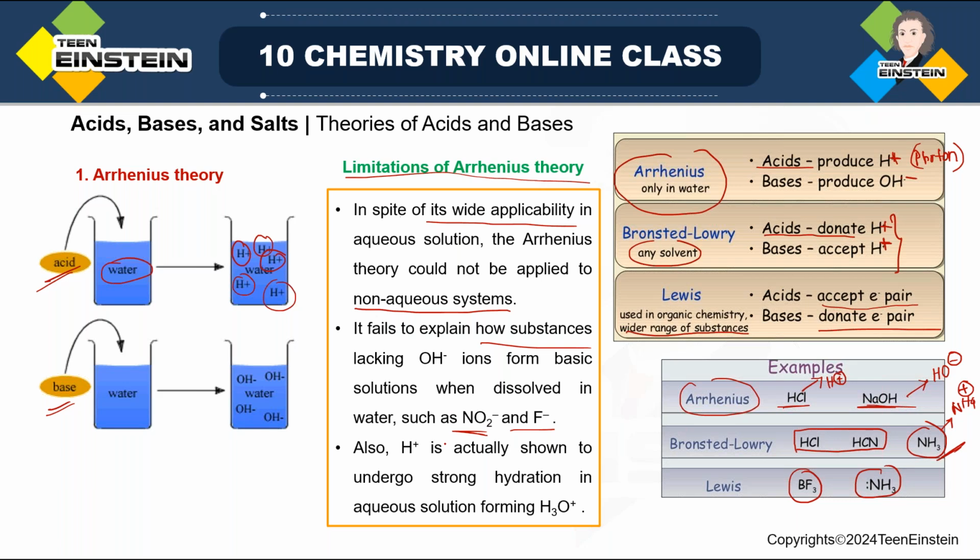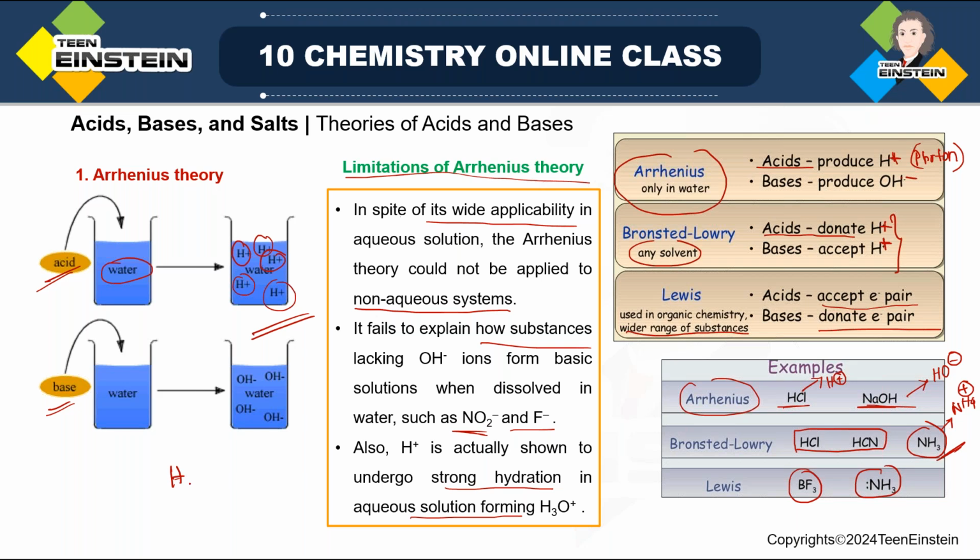And the last point, H plus is actually shown to undergo strong hydration in aqueous solution. So what does it mean? According to Arrhenius, acids are those substances which can produce H plus. That means in water medium, there will be H plus, as you can see in this pictorial representation. But what happens in water?